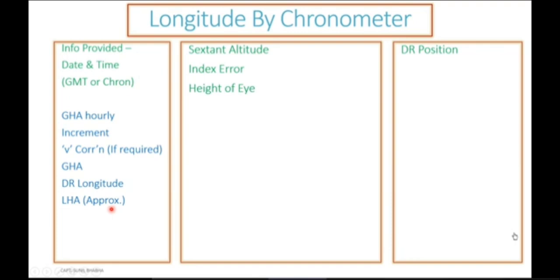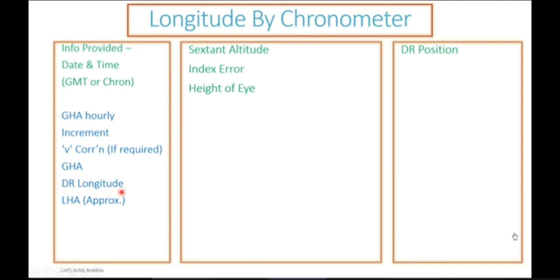Now why are we indicating it as approximate? The reason is that we have used the DR longitude to obtain the LHA. Now DR longitude could have errors in it. So that's why the value of LHA will not be accurate. The GHA was exactly accurate for that particular date, hour, minute, and second.